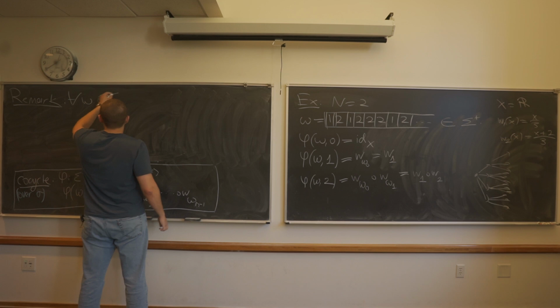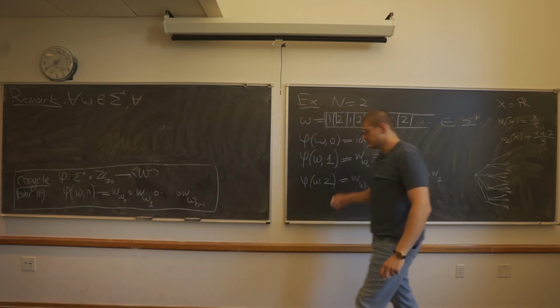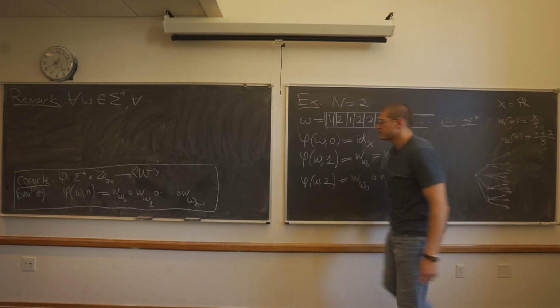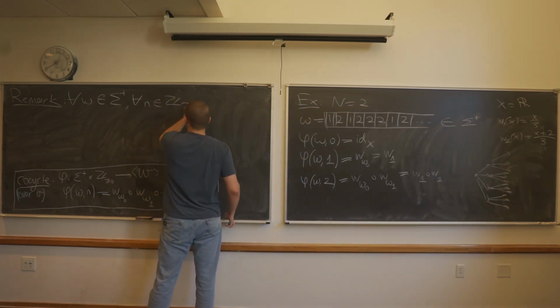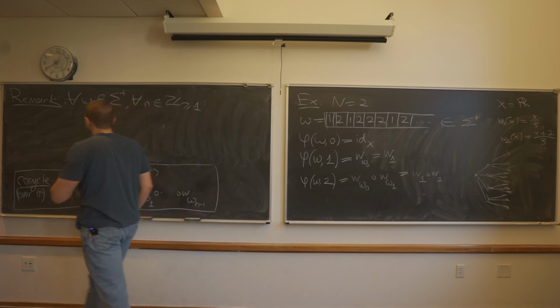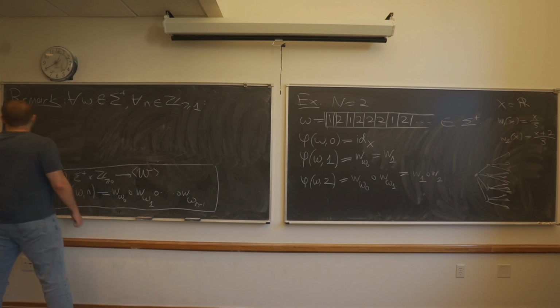For any omega in shift space, and of course I need to take n to be at least 1. If it's 0, it's identity. Every point is fixed. Okay.